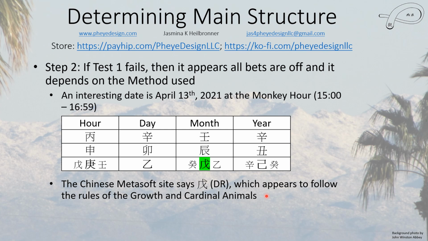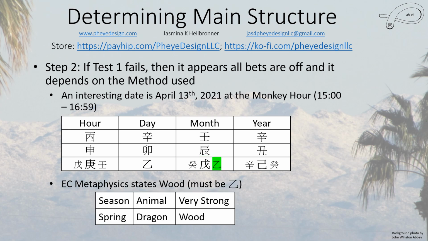But for me, they actually correctly pick out my IW, whatever my IW is. And EC Metaphysics, by their method, would state it has to be this because the wood is really strong. And so two agree, and one really disagrees.